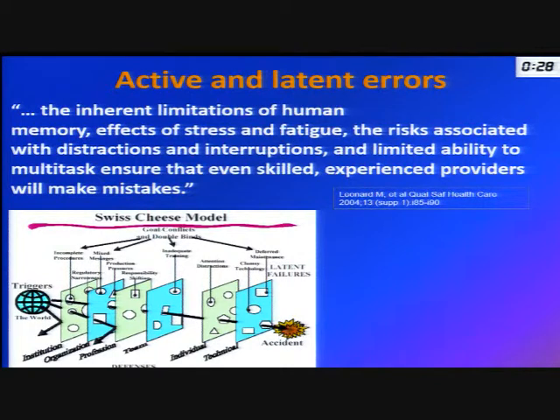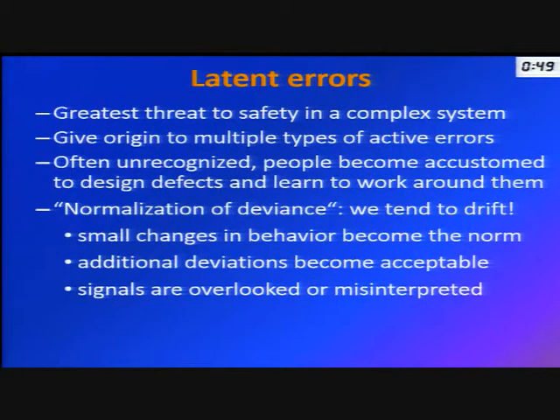And again, if we look at errors only through the eyes of the provider, we miss the big picture, and we will not be able to modify our performance in terms of safety and quality.